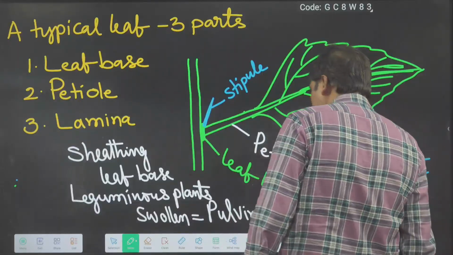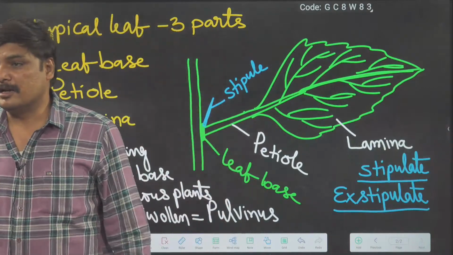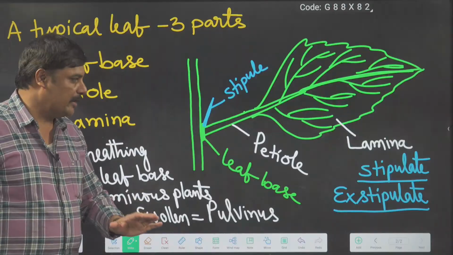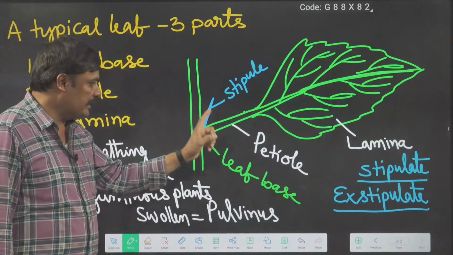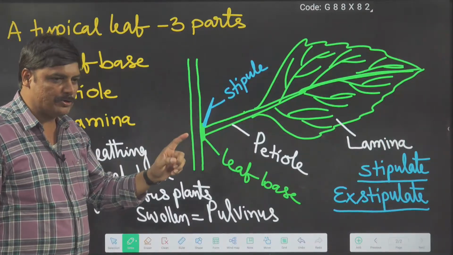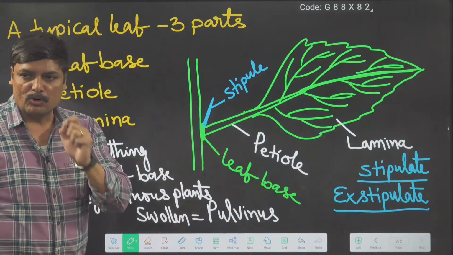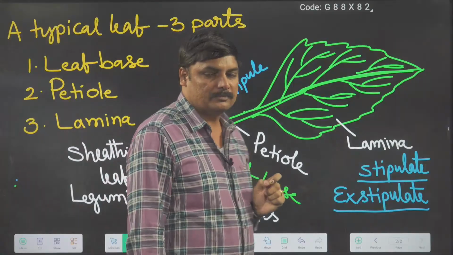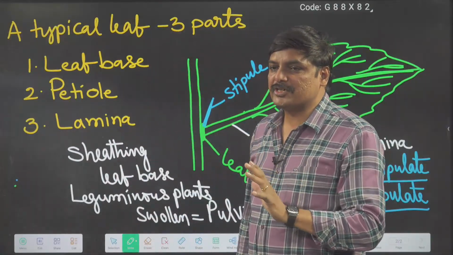I repeat, don't worry. I will repeat again until you understand. The part of the leaf that is attached to the stem or branch is called leaf base. In monocotyledonous plants, the leaf base is expanded into a sheath-like structure.